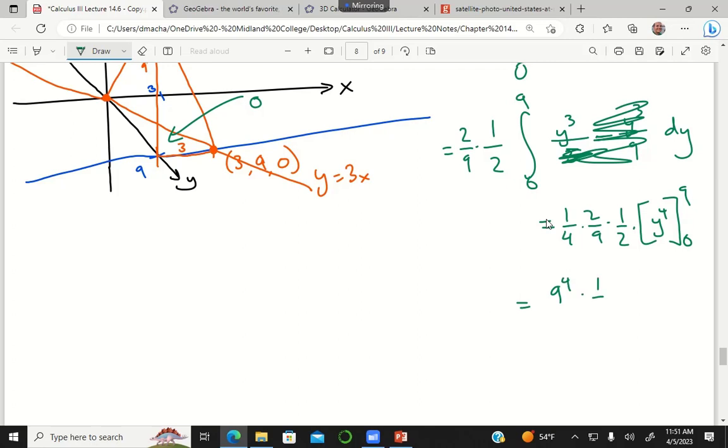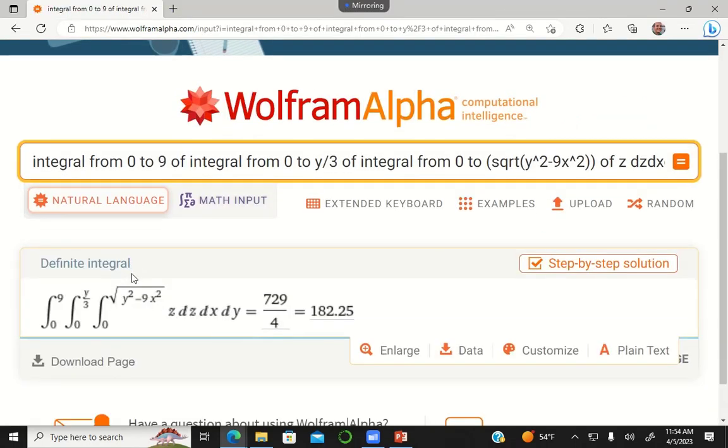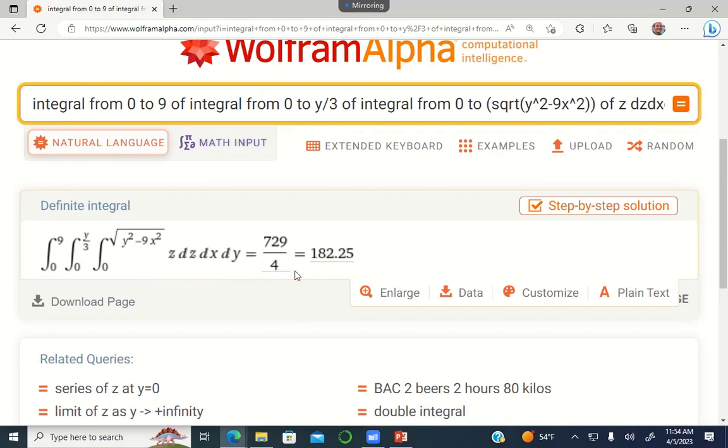And then these 2's will cancel, and so it'll be times 1/4 times 1 over 9. So this will be like 9 to the 3rd power over 4. And 9 to the 3rd power would be 81 times 9, which is 729. Okay, dz dx dy. There we go. So you just have to type in the words. And that was our answer, right? 729 over 4. Perfect.